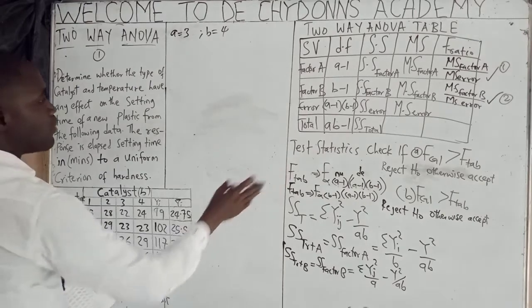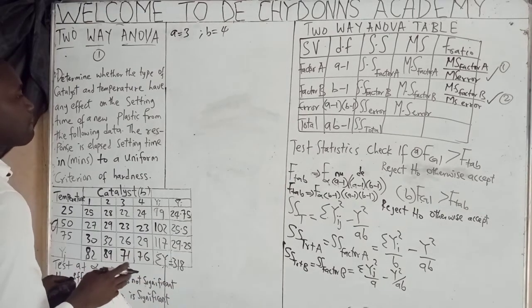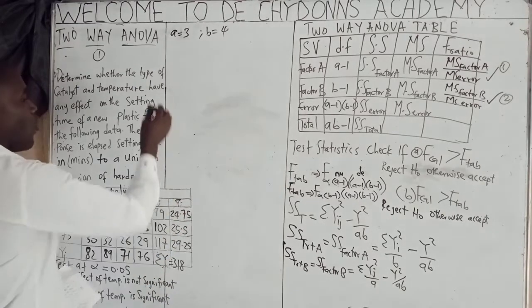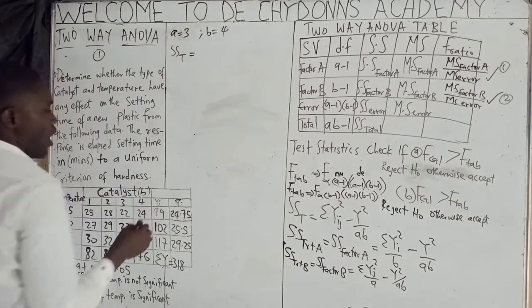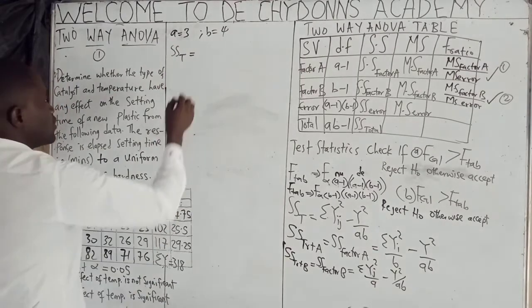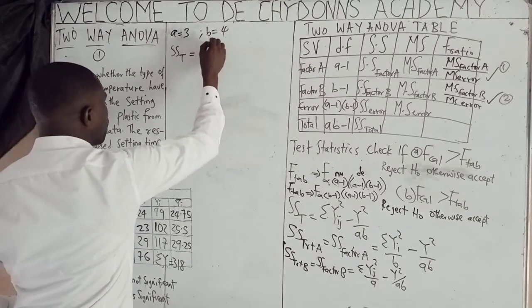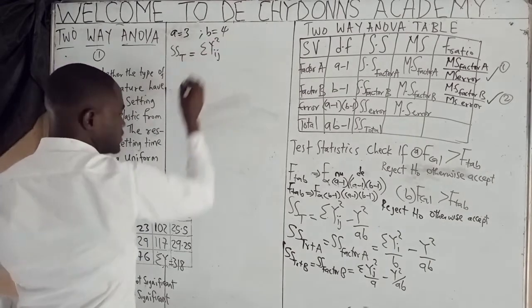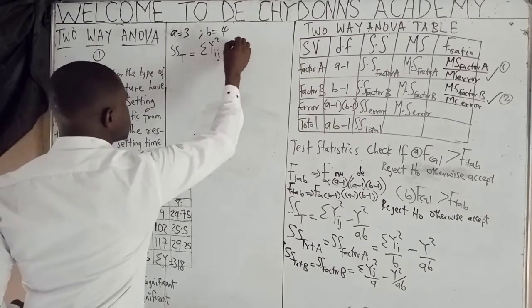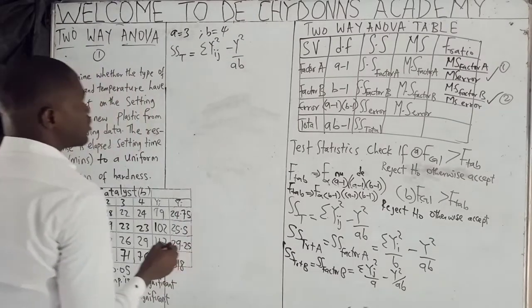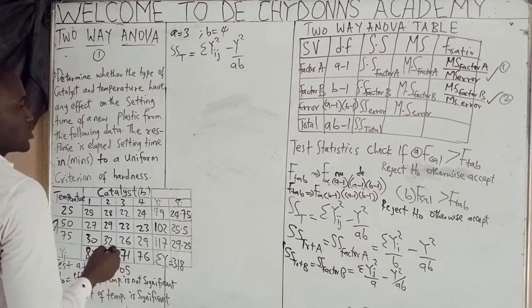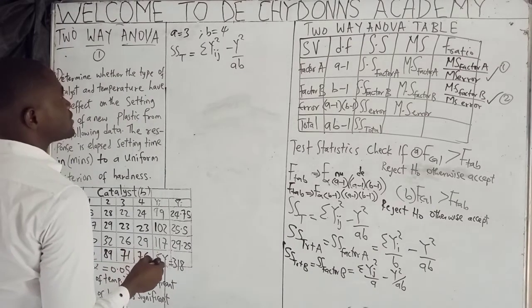Then from our table, we now say, what is our SS total? Our SS total is equal to summation of yij squared minus y squared all over ab. So, how do we now compute it?